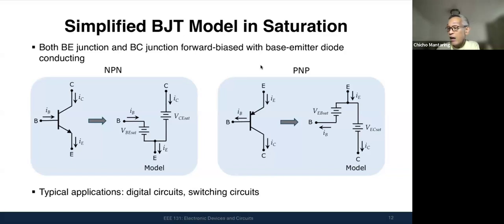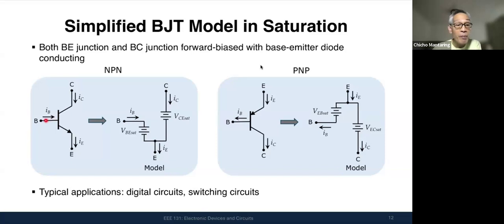Okay. Now, there's a caveat here. Because we say that a transistor is in saturation when both the emitter junction and the collector junction are forward biased. But remember that a junction can be forward biased but not conducting. So, for example, what if this junction were forward biased?